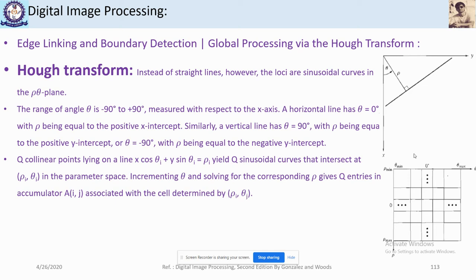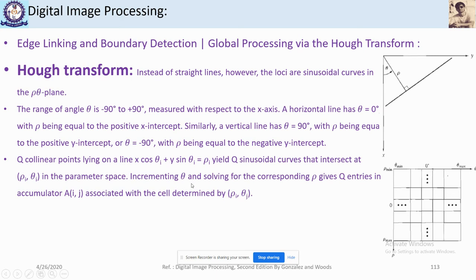That means there are q number of points which are lying on this straight line in the xy plane. Did you get my point? If we have q sinusoidal curves which are intersecting in the rho theta plane, or the parameter plane, then there will be q number of points which are collinear on this straight line.